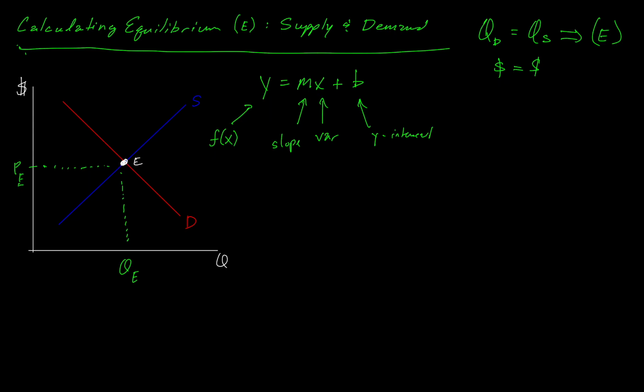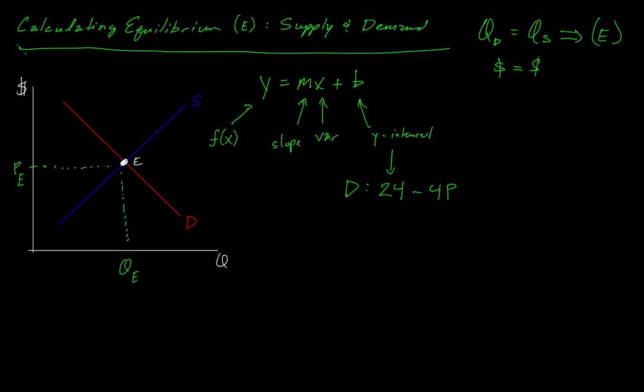So let's assume we get a couple of functions. Let's say our demand function, demand, is listed as, say, 24 minus 4p. And what do we have here? Well, here's our y-intercept.